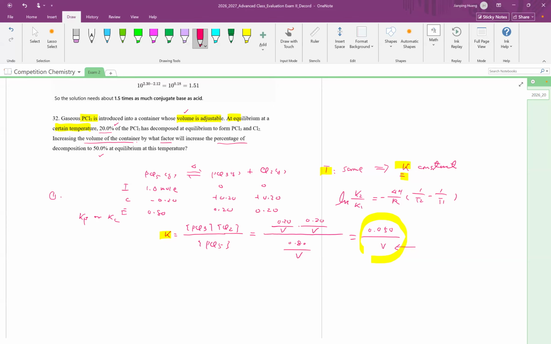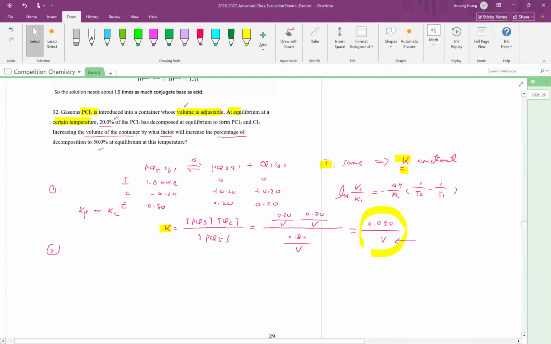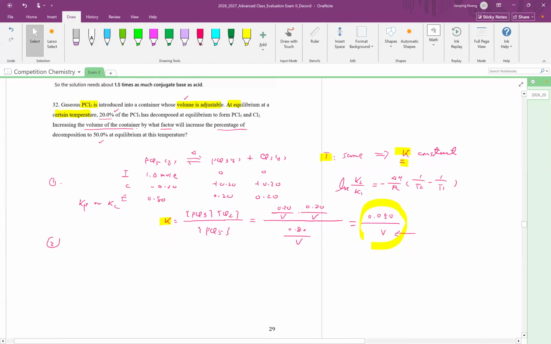The shift. Now, second one, we can increase the volume or we can decrease the pressure. So now I say new volume, V prime.